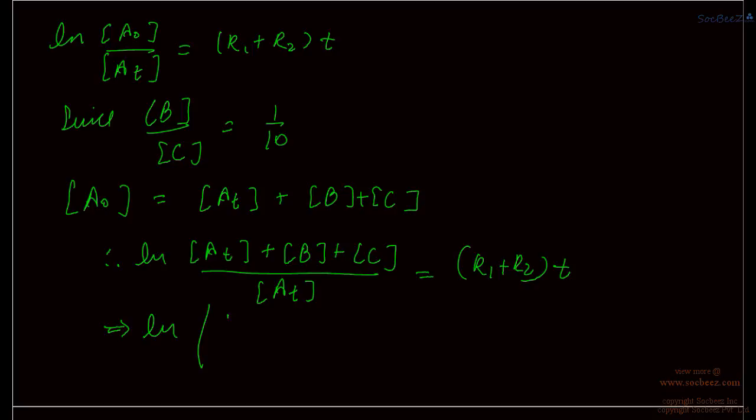From here, if we simplify it further, we get ln of 1 plus, since B equals C upon 10, C upon 10 plus C divided by A t. It comes out to be 11 by 10 C upon A t.